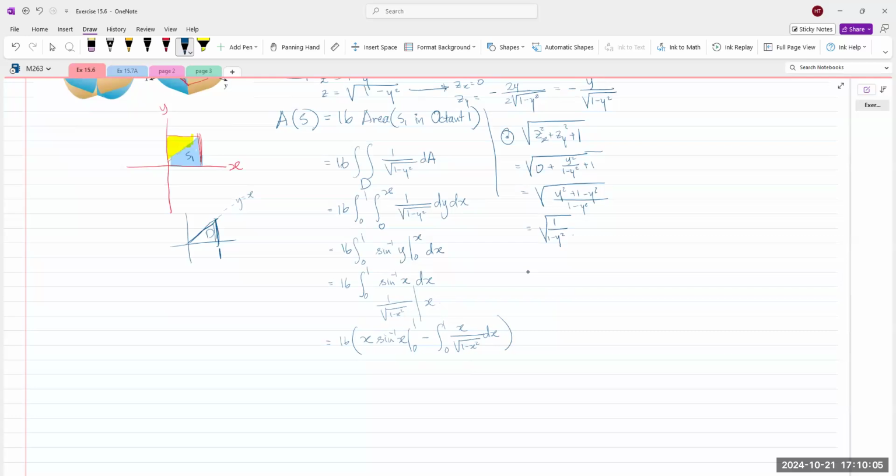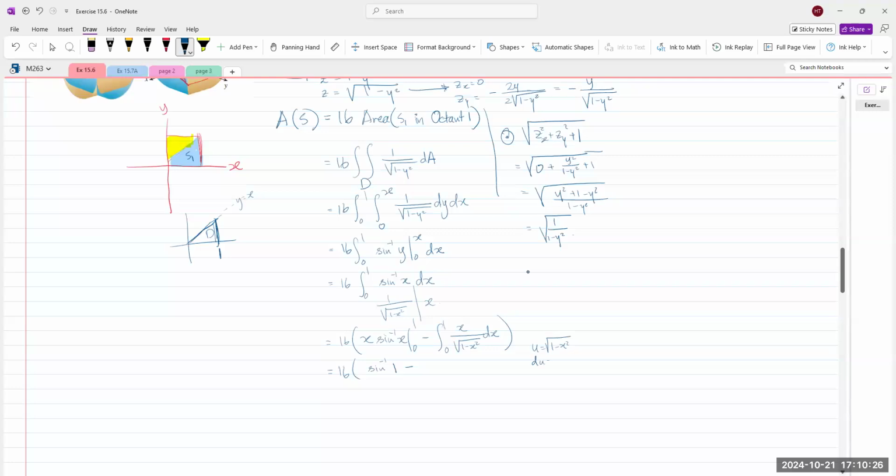Okay, I will do it another method later on, but for now, let me just go on. This is x sine inverse 1, that's sine inverse 1, minus, if I do u substitution here, u equals 1 minus square root of 1 minus x squared.